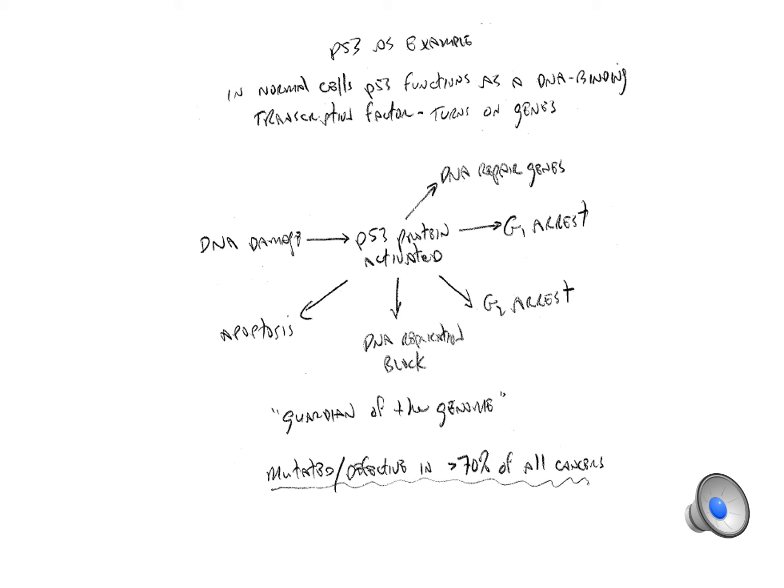In some circles, it's referred to as the guardian of the genome. It is one of the most important proteins or genes that help stabilize the DNA in response to all kinds of damage and instabilities. As I mentioned, it's mutated or defective in greater than 70% of all cancers, so you get all different cancer types.